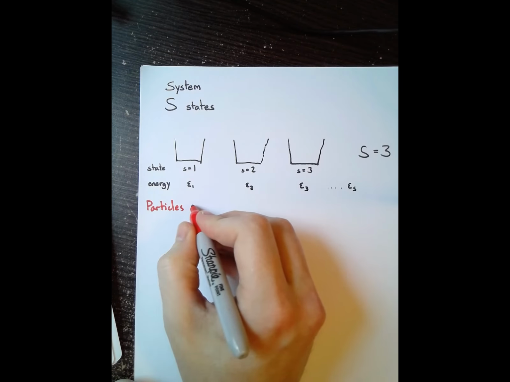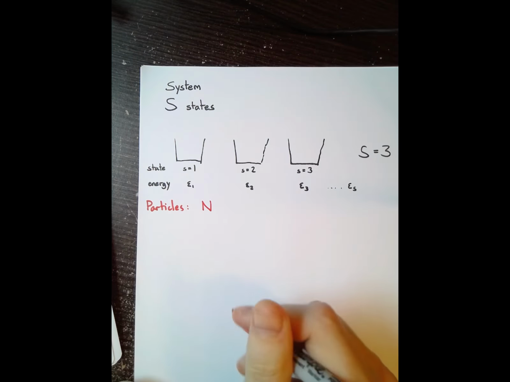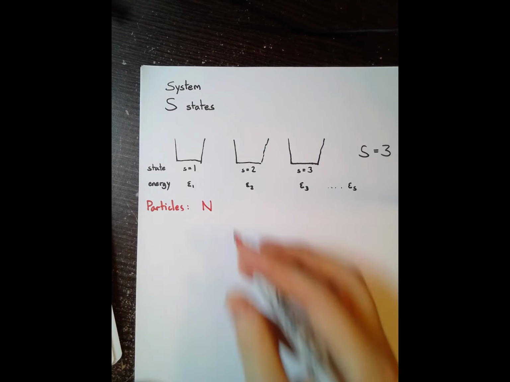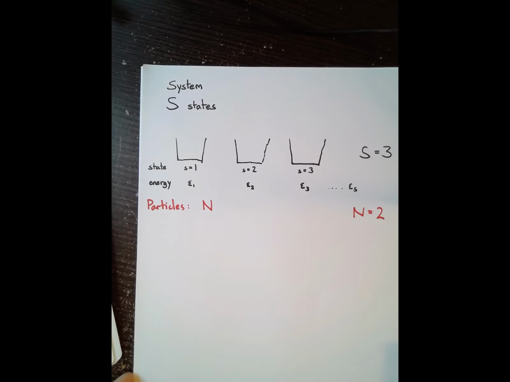The total number of particles is capital N. And these particles could be electrons, they could be hydrogen molecules, oxygen molecules, they could be marbles. It depends on what the system is. And in my example, I'm going to take 2 particles.